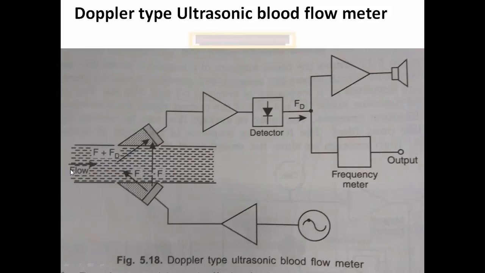In the blood vessel we have blood flow. Whenever the transmitter produces a signal, that signal will have some scattering effect.